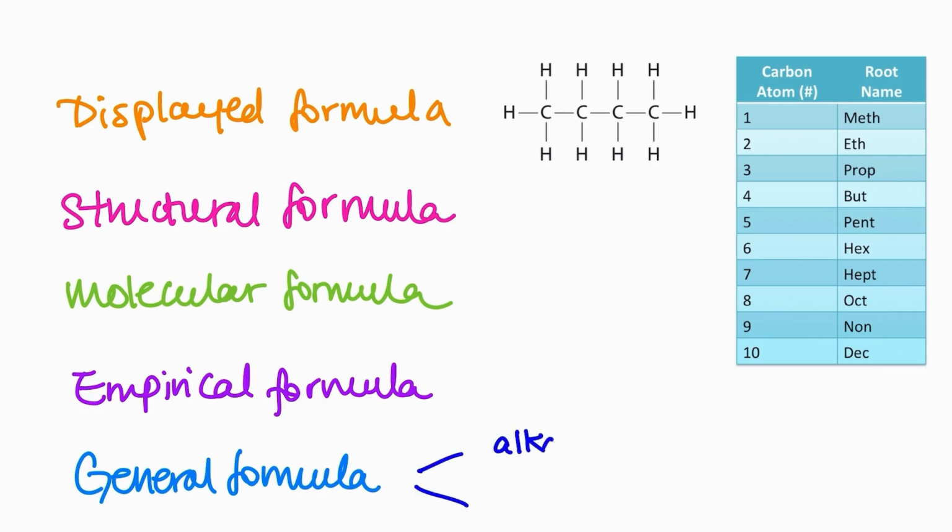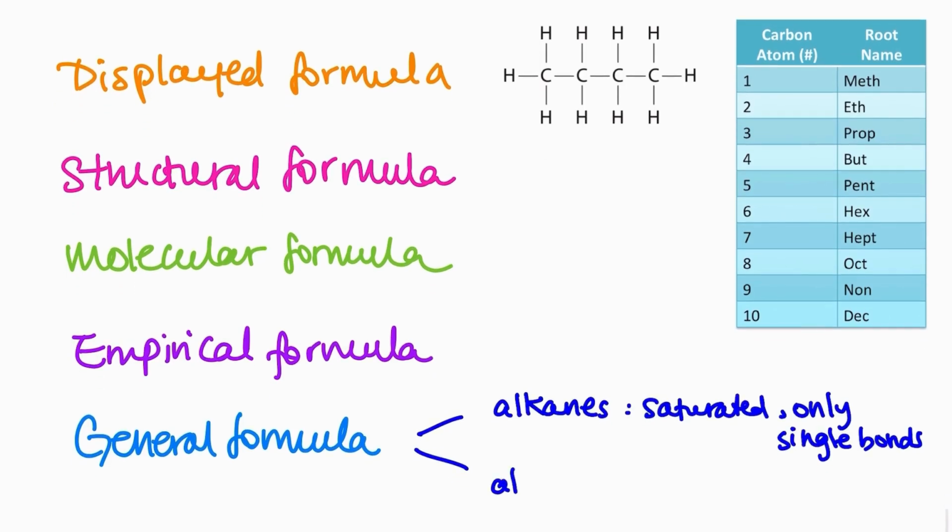So the alkanes, they are saturated, which means only single bonds. Whereas the alkenes are unsaturated, and it means it's got double bonds. It can be 1 or more, as long as it's got a double bond.